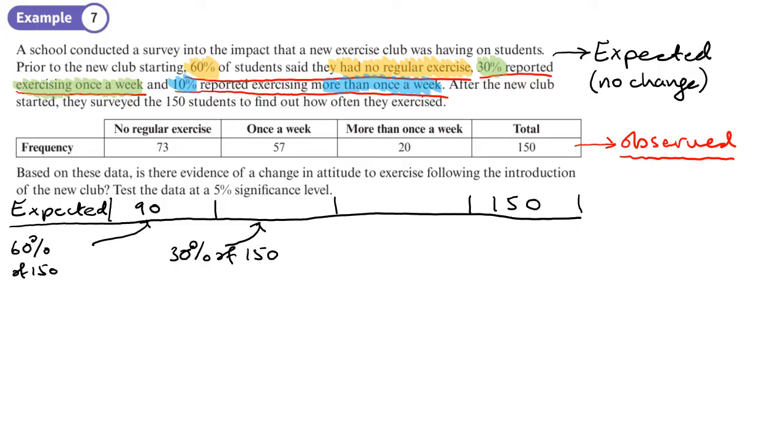So that's going to be half of 90, 45. Then the last one we've got is more than once a week. That was 10%. So 10% of 150. And that's going to be 15.